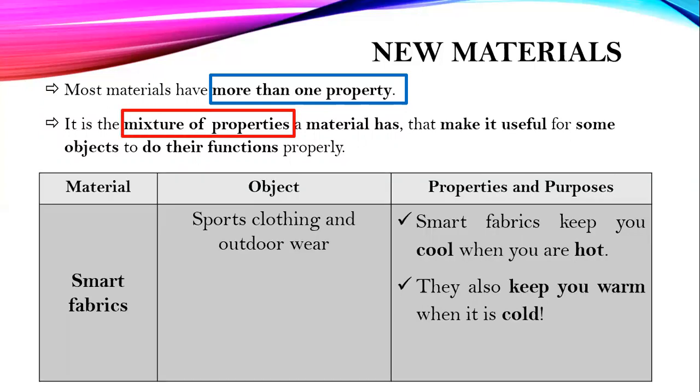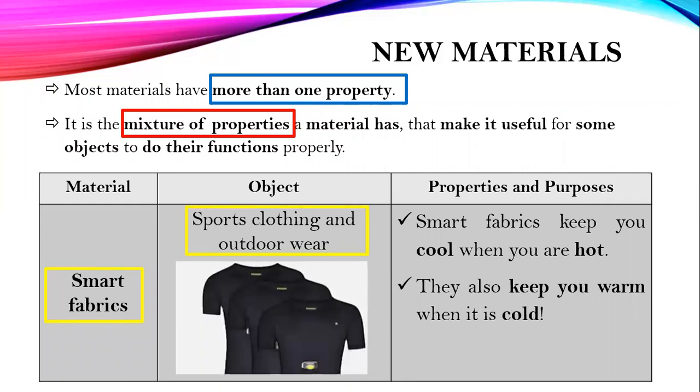I'm going to introduce two new materials which are amazing. The first material is known as smart fabrics. This material is used in making sports clothing and outdoor wear. I think you have seen it many times.